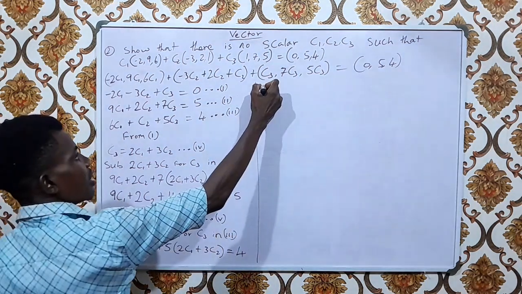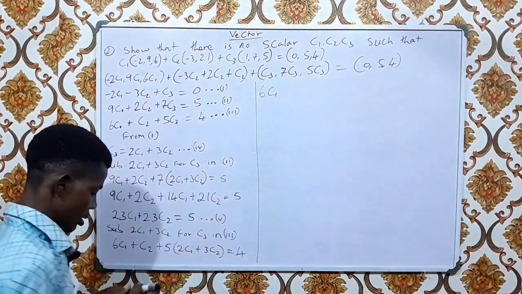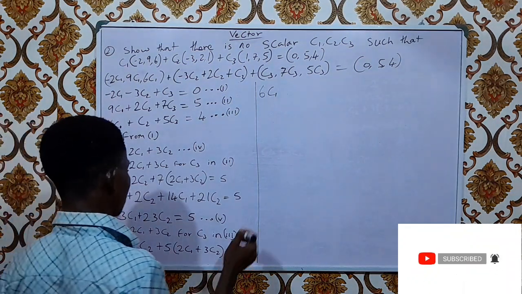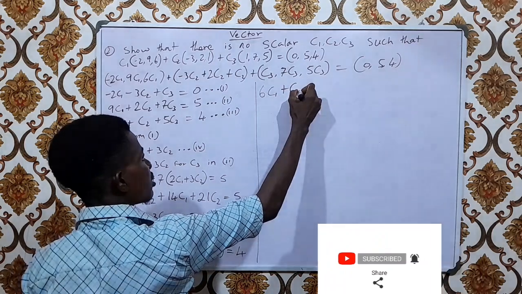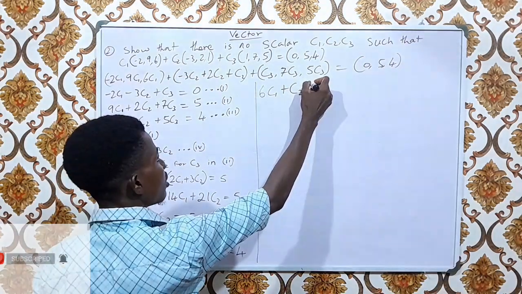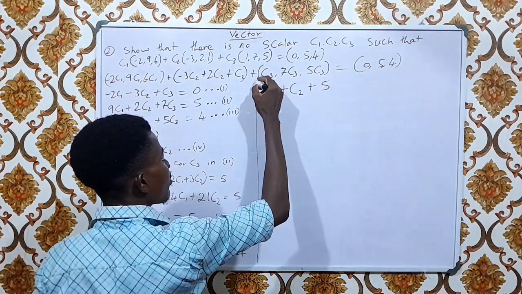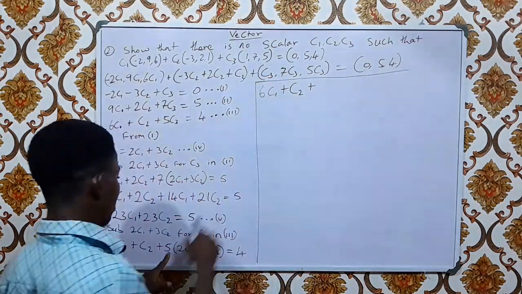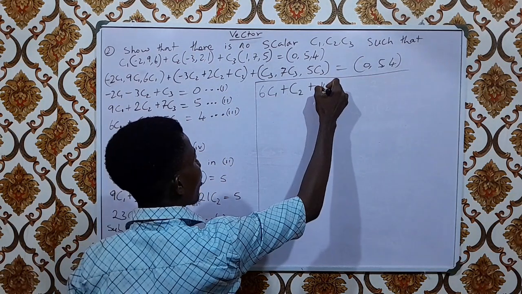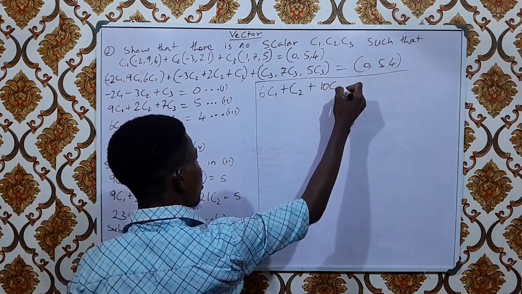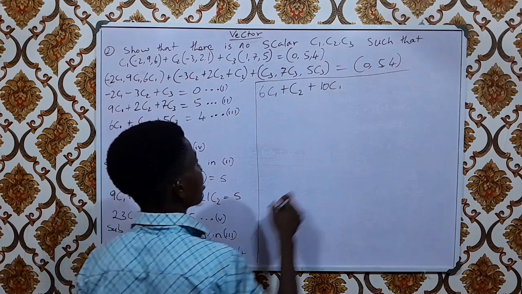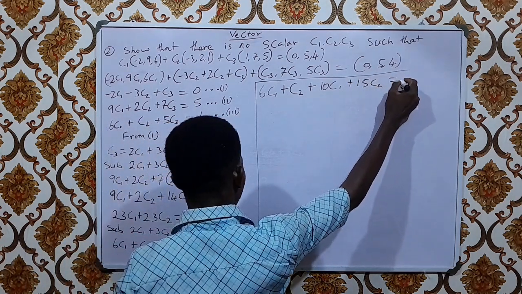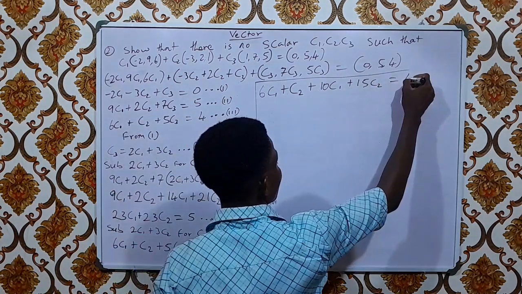We still have 6C1 plus C2 plus, 5 times 2, we have 10C1. 5 times 3, we have 15C2 equals 4.